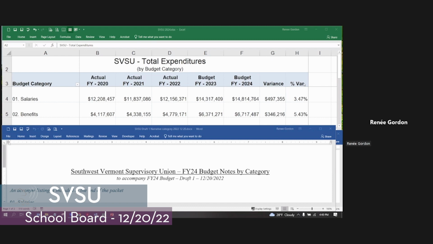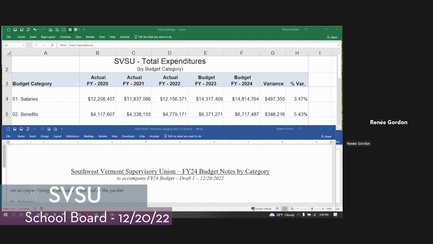And they feel the staff is needed to support non-IEP learners, as well as support the safety needs in the schools and provide coverage during staff absences. These are direct assessments to the district. So Arlington wouldn't be paying, Mount Anthony wouldn't be paying, SVU ESD would be paying for these positions directly. And they have been budgeted about $37,000 each with associated benefits.